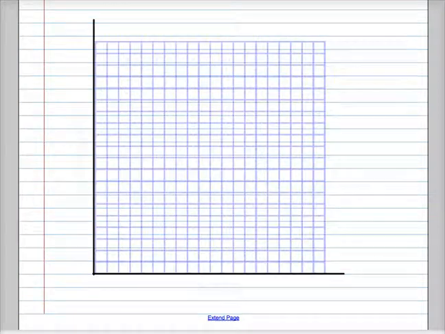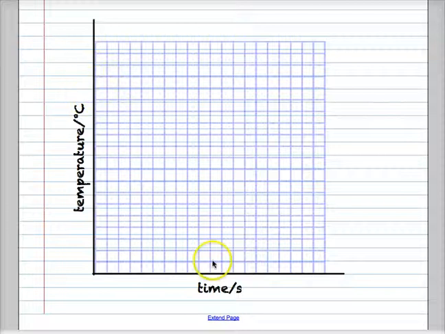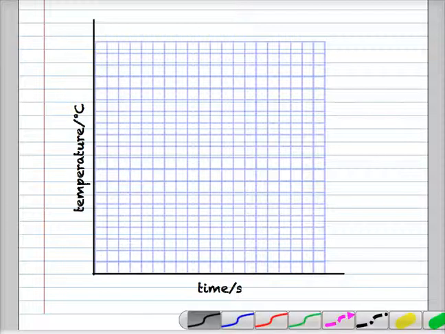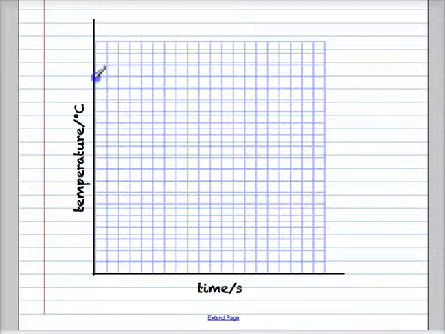So if we imagine what will happen to water as we cool it down on a set of axes such as these, time and temperature, the water will start off at an elevated temperature here, and we will cool it down, and it will get cooler and cooler and cooler.